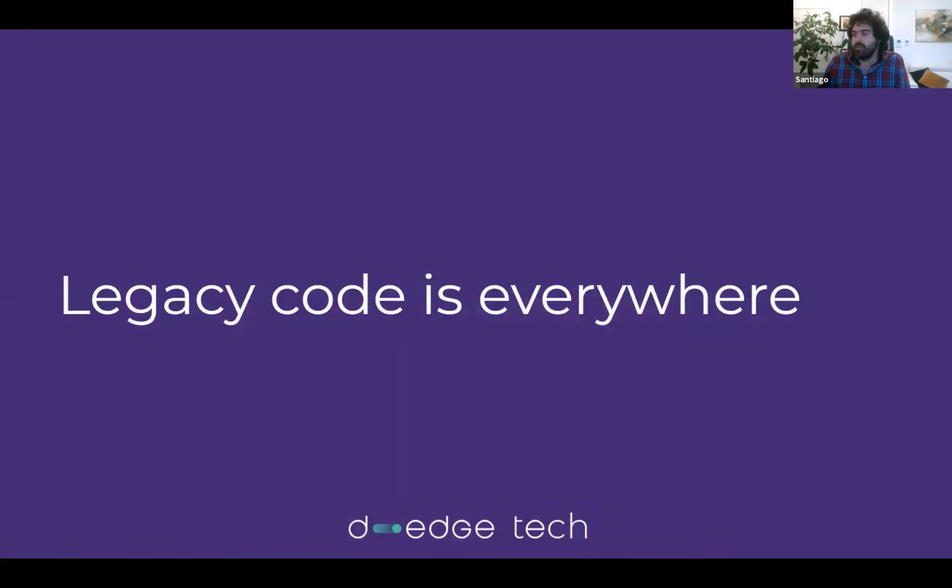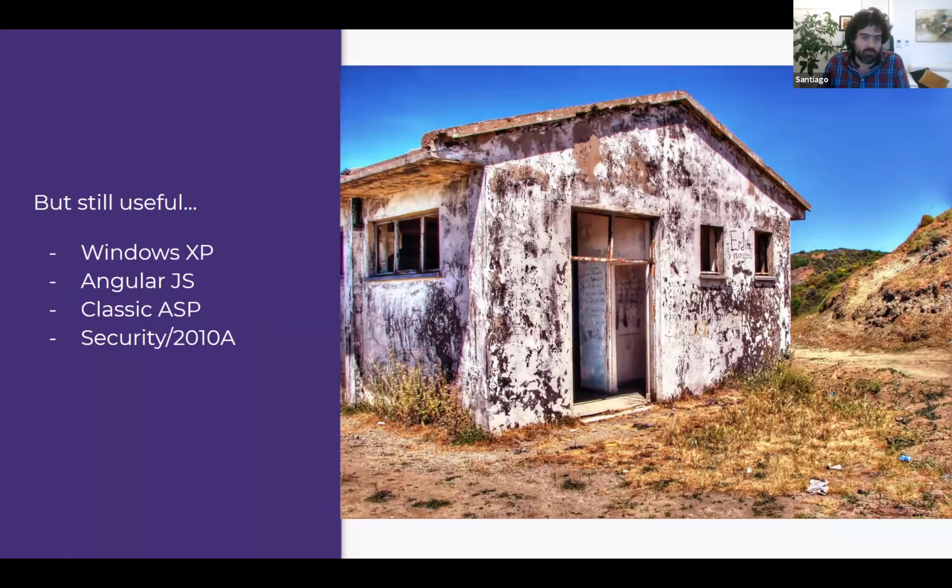So legacy code is everywhere. For example, Windows XP was developed and maintained for 12 years by Microsoft, and then on April 14, 2009, it wasn't supported anymore. So people had to change that software.